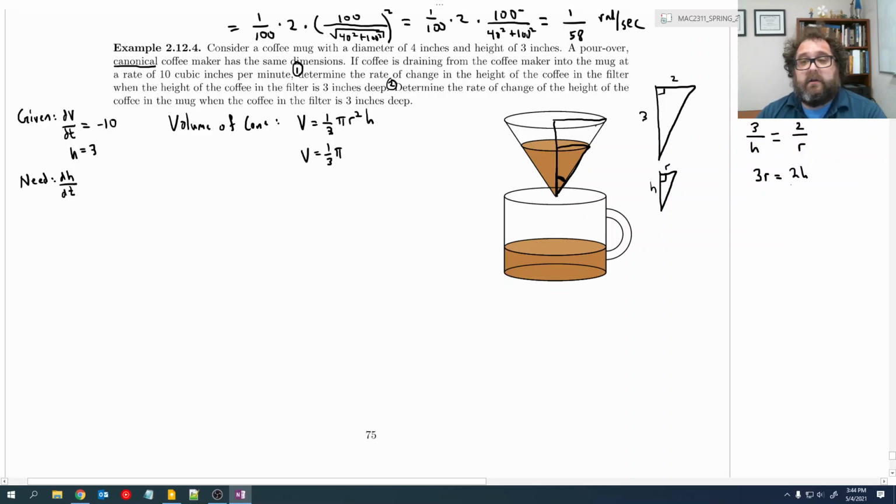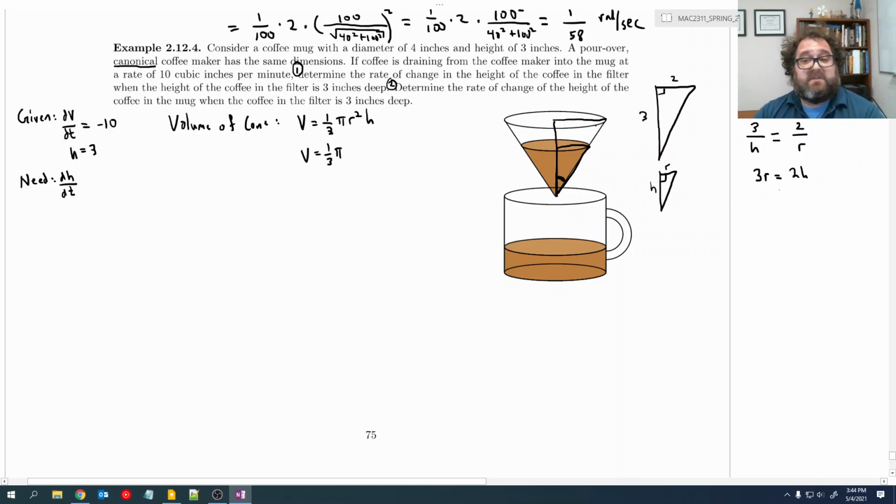Now, here's the question: do we want to solve for r or do we want to solve for h? Remember, I mentioned this a few minutes ago. We want an equation that relates the volume and height, not r, not radius.